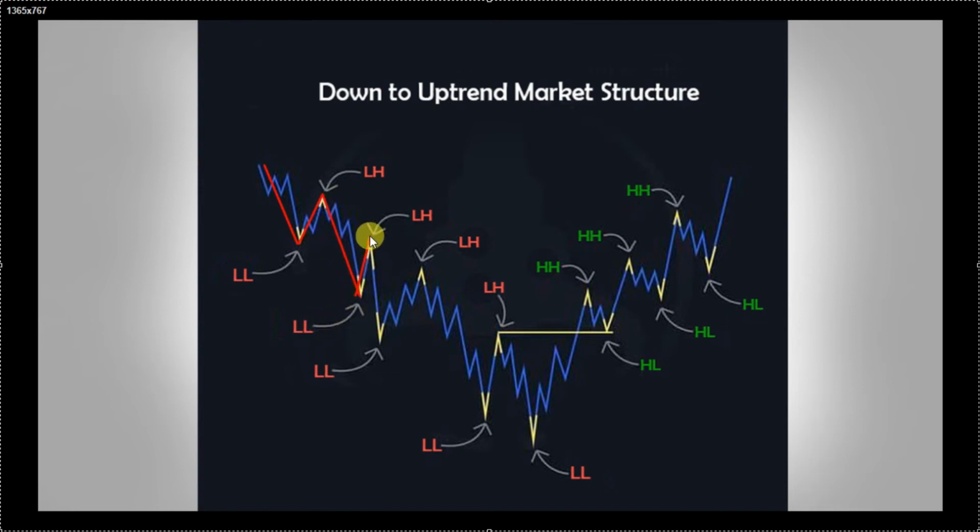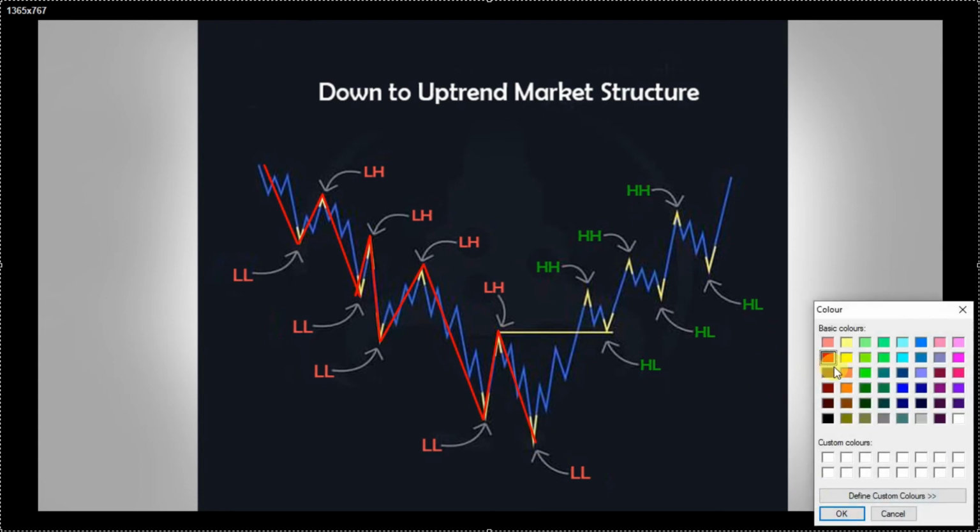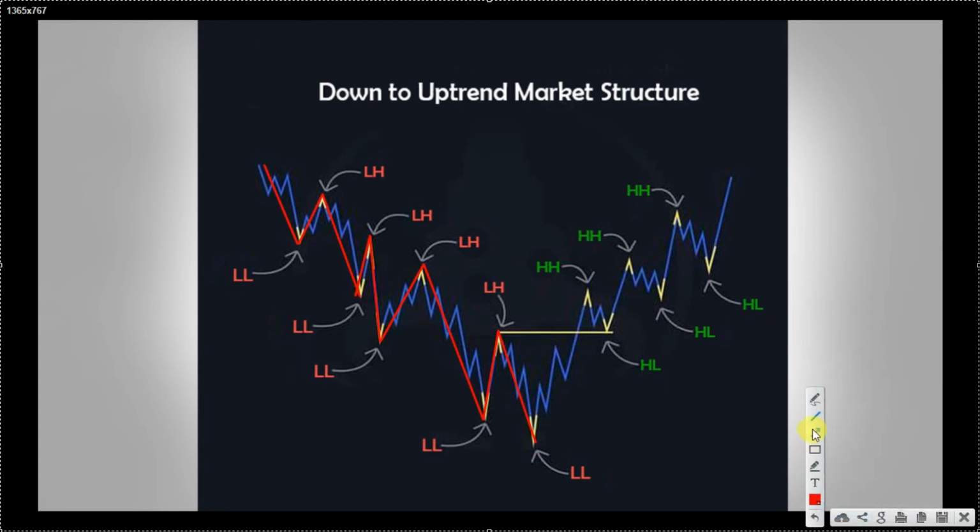Now a lower high because this high is below the previous high. See lower lows and lower highs. This is our major trend. Now let's see the minor trend.